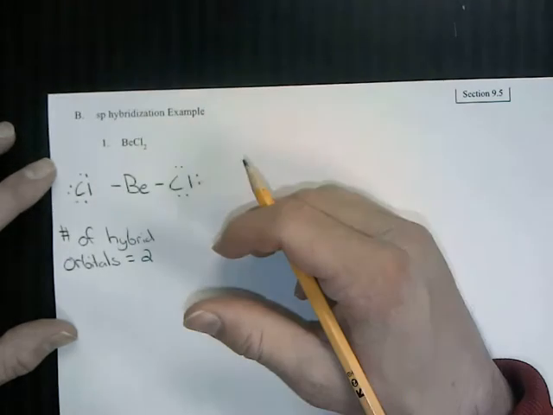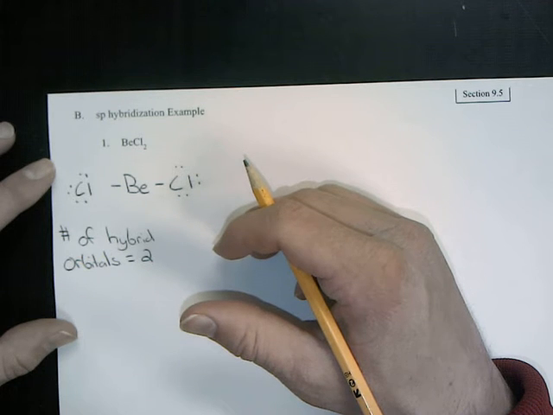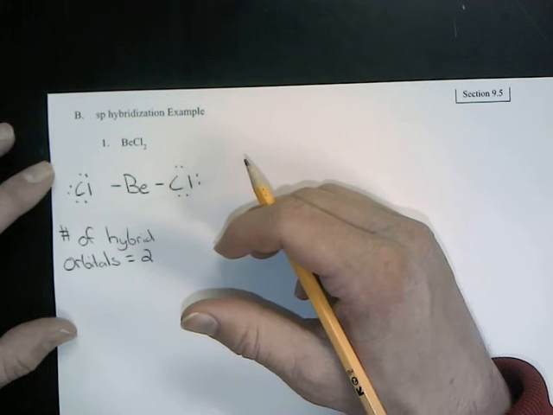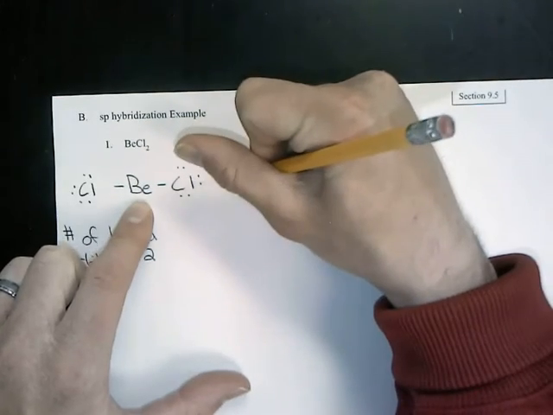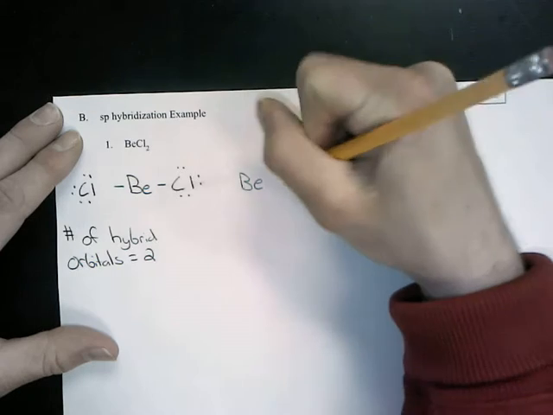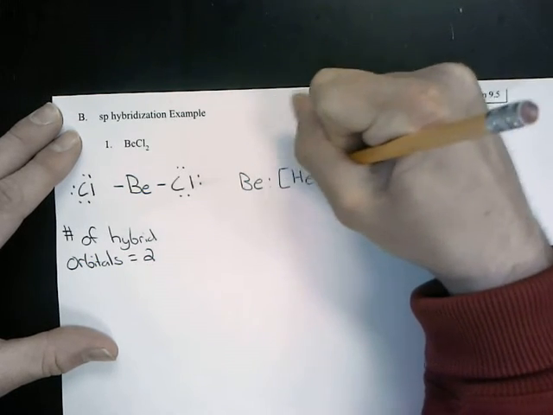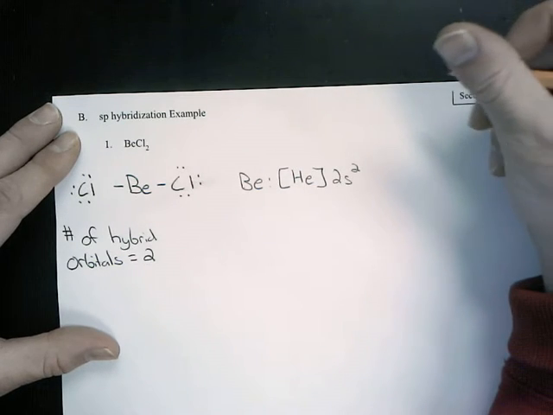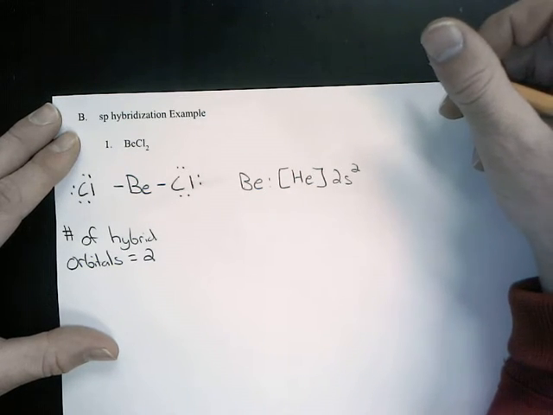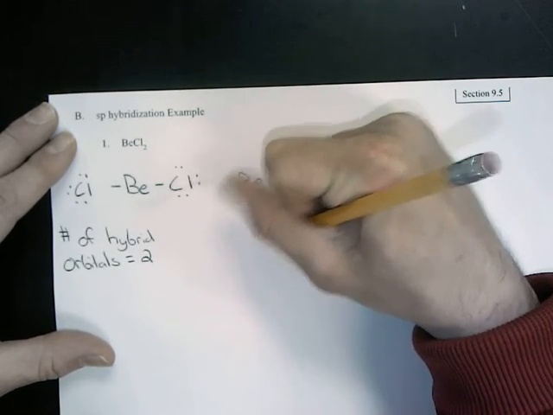Now, what I also want you to think about here is the orbital box diagram of our Be. Be would have an electron configuration as such, and the orbital box diagram of Be in its ground state would look like this.